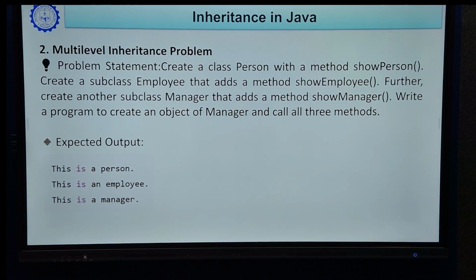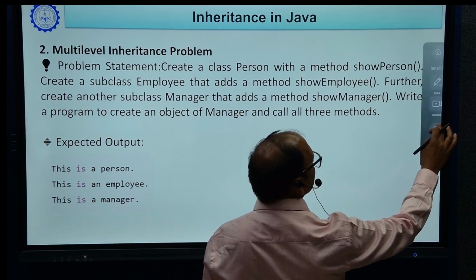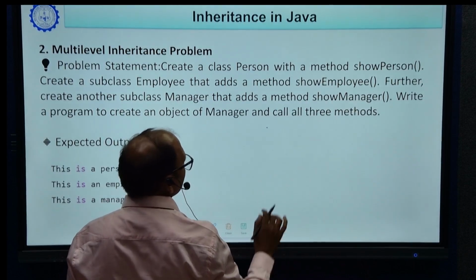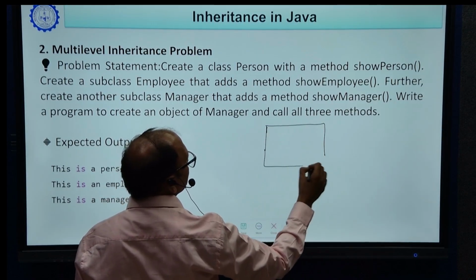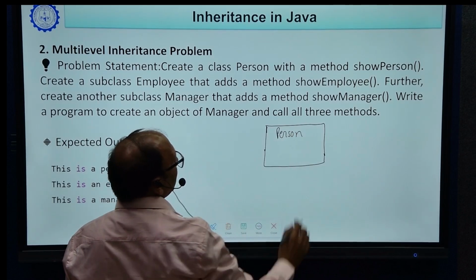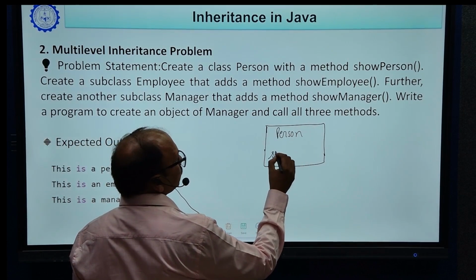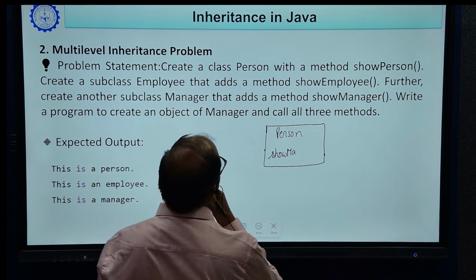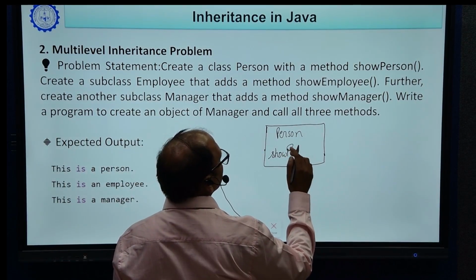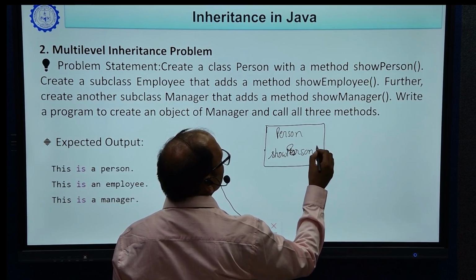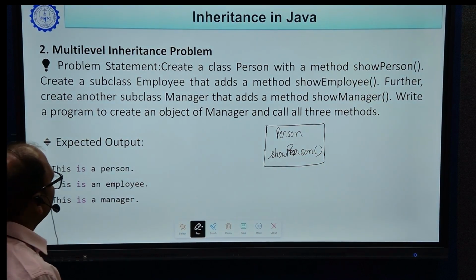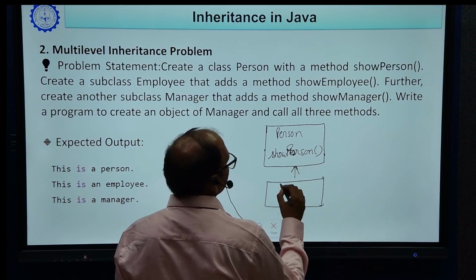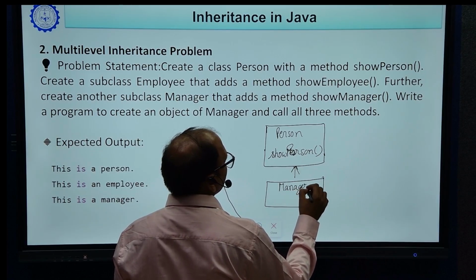Now in this problem what we have to do, we have to create a class person with a method show person, and this class we have to inherit by another class which is called manager.